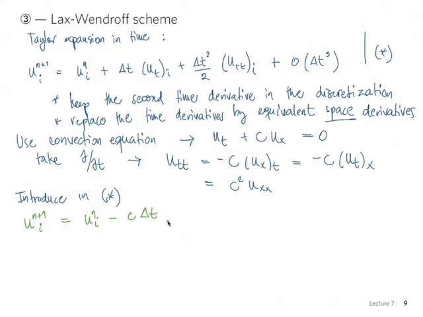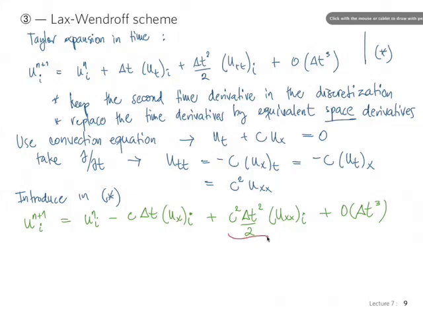We're using the equation to substitute time derivatives with a space derivative. So now I have u_x at i. And the second term comes from this one. And here we have c squared delta t squared divided by 2. And we have the second derivative with respect to x at i. And again, our term of higher order, delta t cubed. So you see that here we have an additional dissipative term.